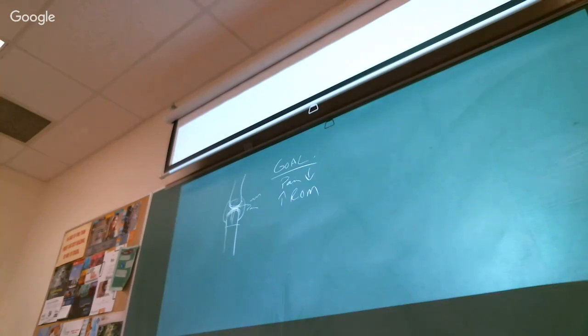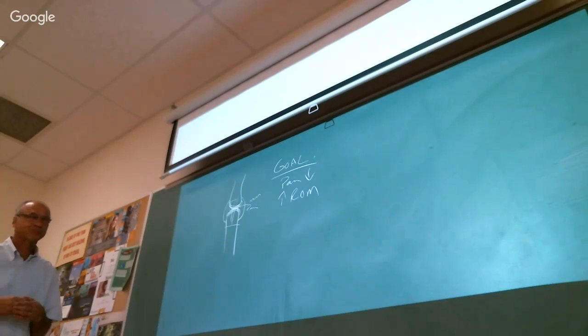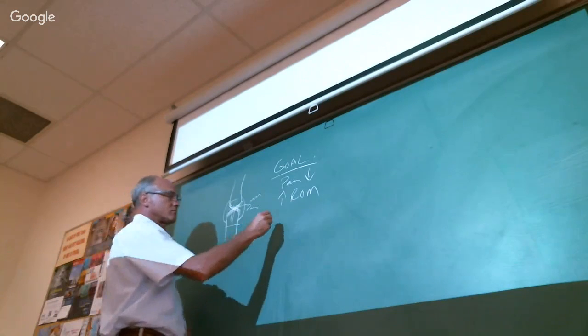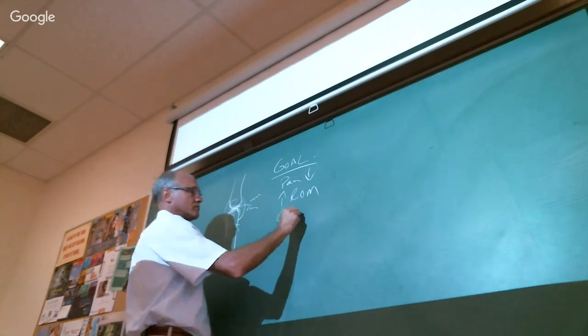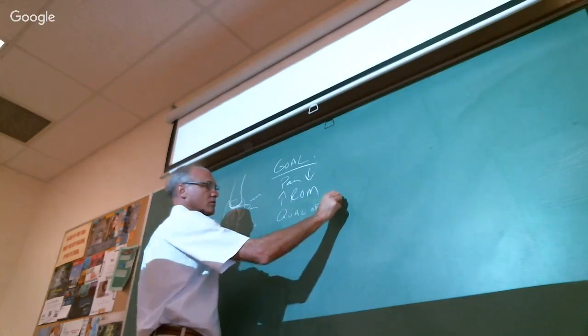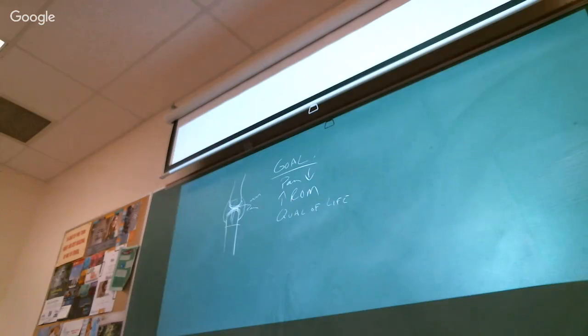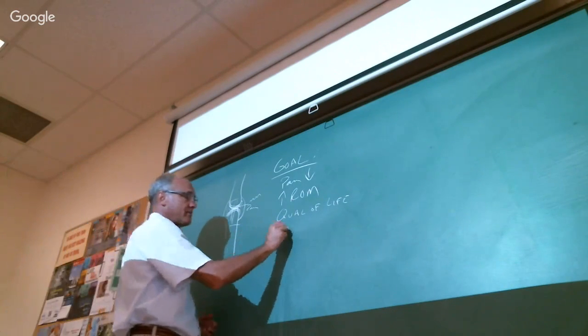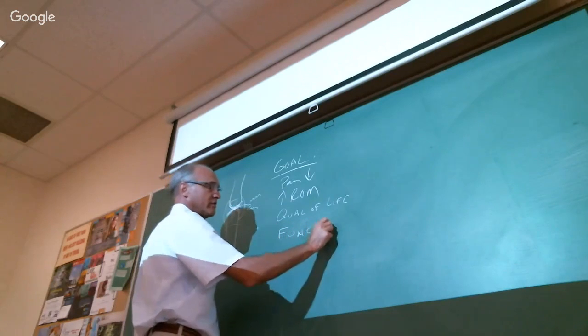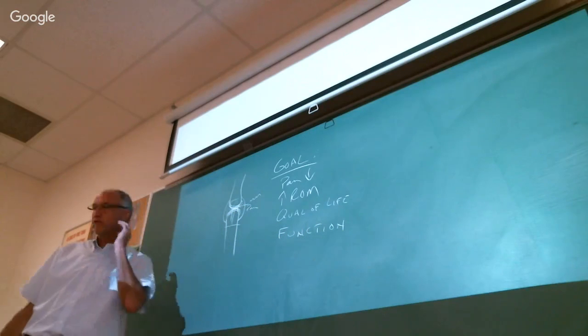Yep. You don't want it to affect anything else. What do you mean? Like if they're limping and then it causes pain on their other knee? Quality of life issues? Is that what you're talking about? Right. I mean, can they function? Maybe it's not quality of life. Maybe it is more of an issue of function or functionality.